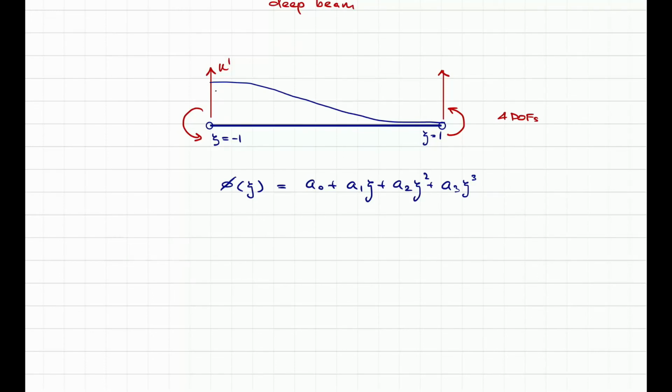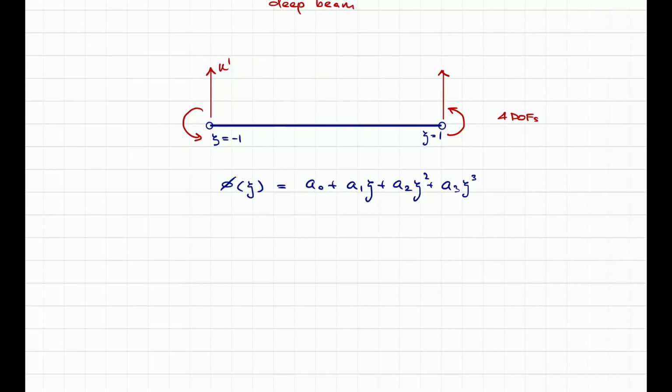It shall not exhibit any rotation. Rotation has to be 0. At the other point, 0 displacement and 0 rotation. So to come up with one shape function, you have 4 boundary conditions from these 4 degrees of freedom. That's why you can only get the cubic interpolation function. You cannot go beyond that. You don't have more degrees of freedom to control your shape function.